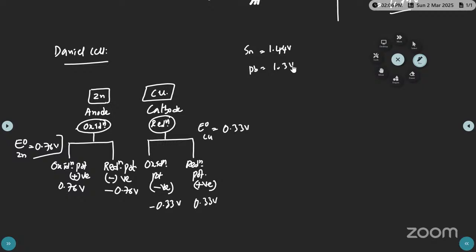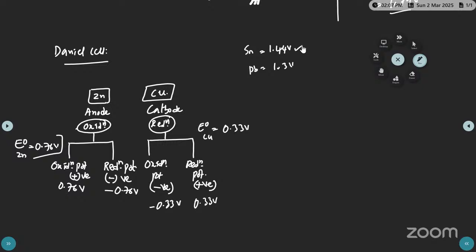Okay, so the given potential at tin, is it oxidation potential or reduction potential? ఇది అర్థమైతే మొత్తం అర్థమైనట్టే. The given potential at tin is oxidation potential or reduction potential? How can you say it is oxidation?